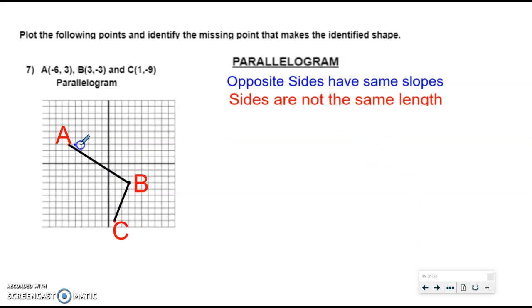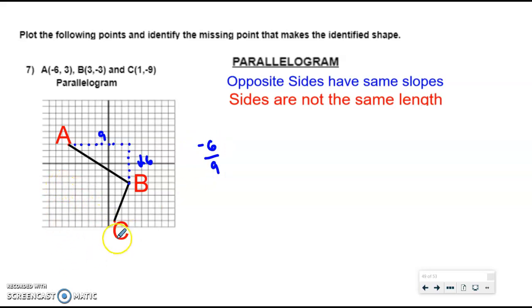So I'm going to count 1, 2, 3, 4, 5, 6, 7, 8, 9, down 1, 2, 3, 4, 5, 6. So this slope is going to be down 6, this way 9. So it's negative 6 over 9 is the slope.